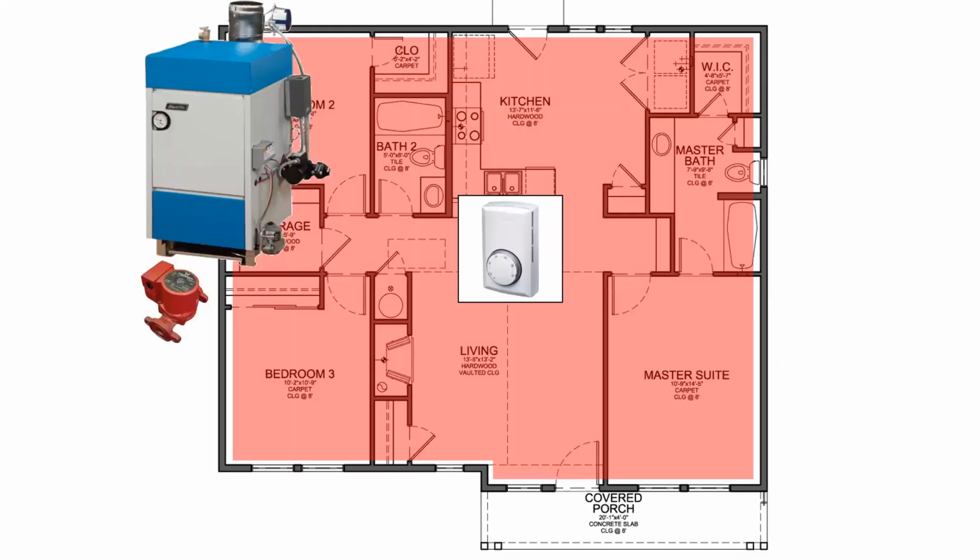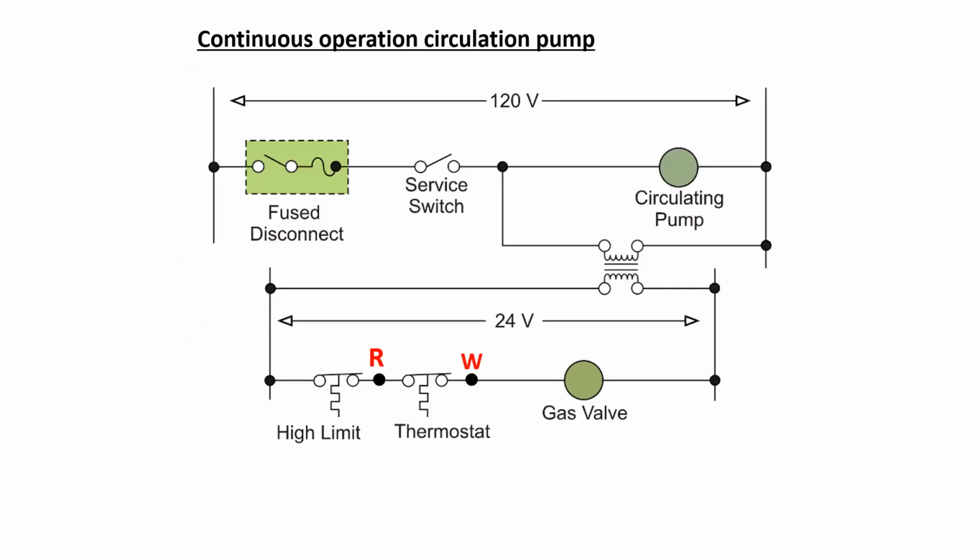There are many different arrangements of boiler system operation. We could have one where one thermostat controls one circulation pump and the boiler for the entire house. In this way, we may have a continuously operating circulation pump, and the pump remains on at all times, and the thermostat then decides when the gas valve is energized to heat the water.